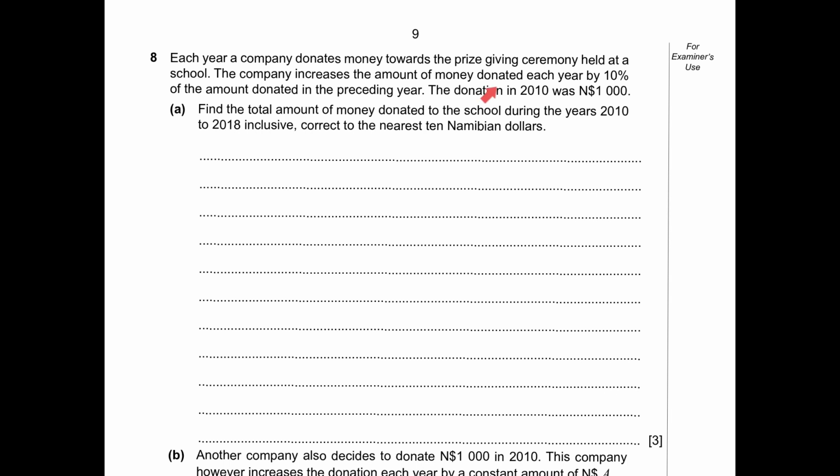Now, it's important here to be able to identify what type of sequence we are having. I'm sure you can see that because we are saying 10% of the preceding year, the amount donated is increasing by 10%. So that should be a GP, a geometric progression.